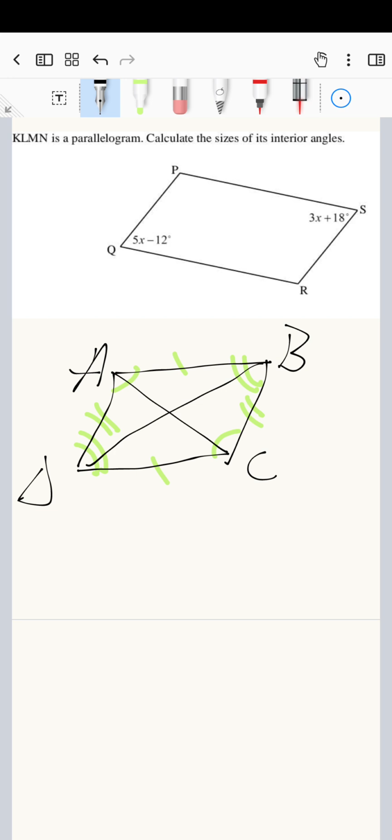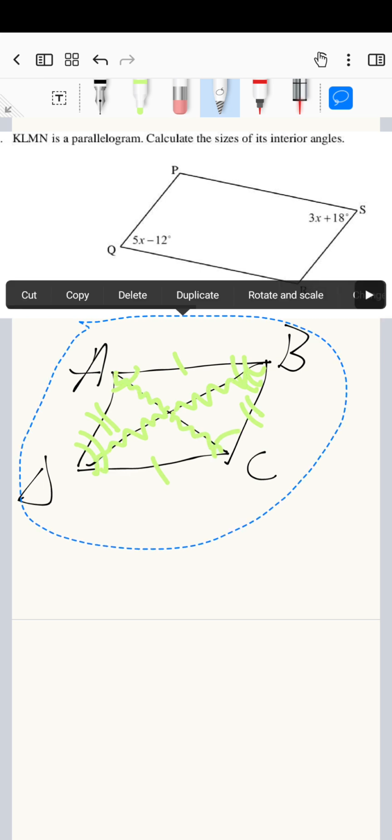The diagonals bisect each other, cutting each other in half. So whatever this length is, this length is going to be the same thing. Whatever this length is, this length is going to be the same thing. So there's a ton of things that you know because I have told you that that's a parallelogram.